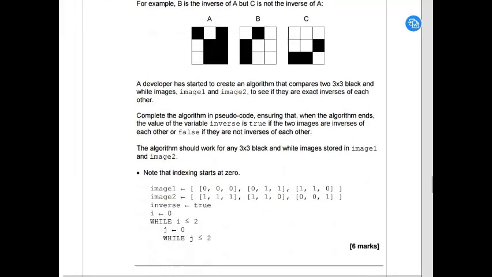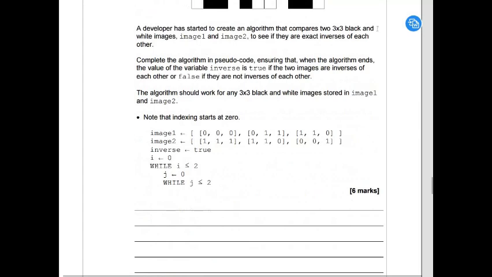So a developer has started to create an algorithm that compares two 3x3 black and white images to see if they're the exact inverse of each other. So we've got to complete this algorithm, ensuring that when the algorithm ends, the value of the variable inverse is true if the 2 images are inverses of each other, or false if they're not. It should work for any 3x3 black and white images stored in image 1 and image 2.